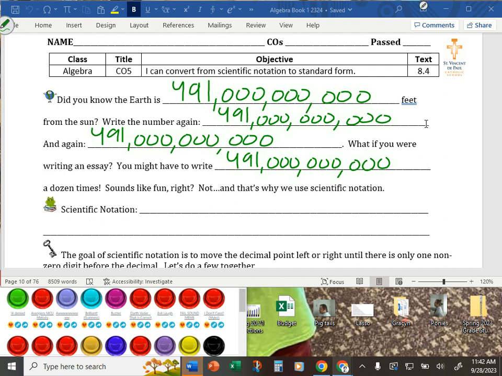The same would be true if you were measuring the radius of a molecule or a cell, or something really, really super small, which you deal with in science a lot.